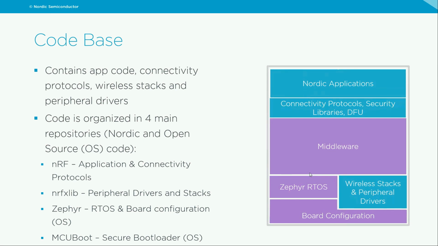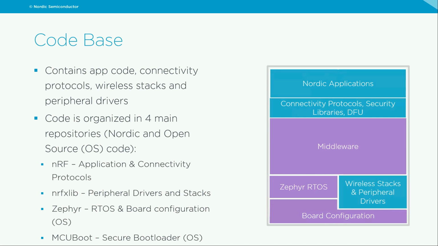Code base-wise, on the nRF Connect SDK, you have app code, connectivity protocols, wireless stacks, and peripheral drivers. The code is organized into 4 main repositories. If you look at the figure on the right-hand side, you can see the blue layers, that's the Nordic layers, and then the purple layers, that is the open source code.